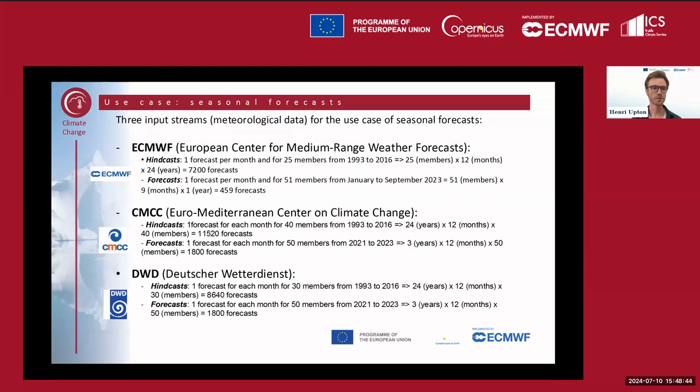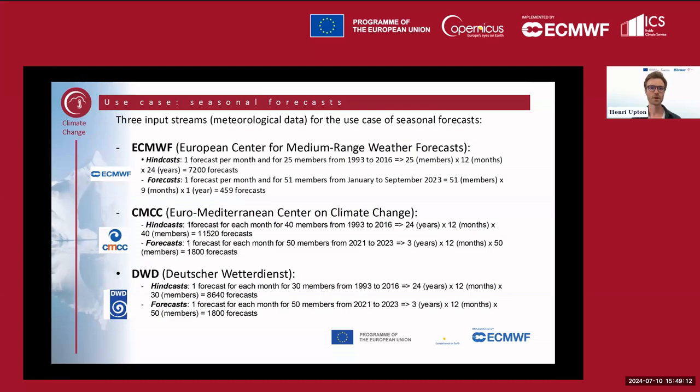So to present the whole process, I will focus on the last work we did at EDF in the last months for the use case of the seasonal forecast that we presented before. Seasonal forecast is a forecast for each month for a horizon of 7 months.